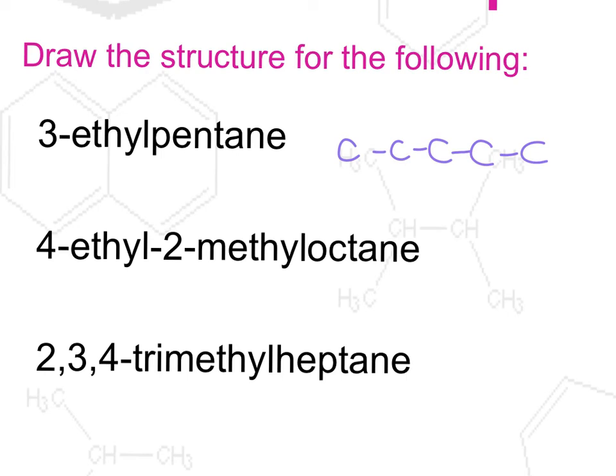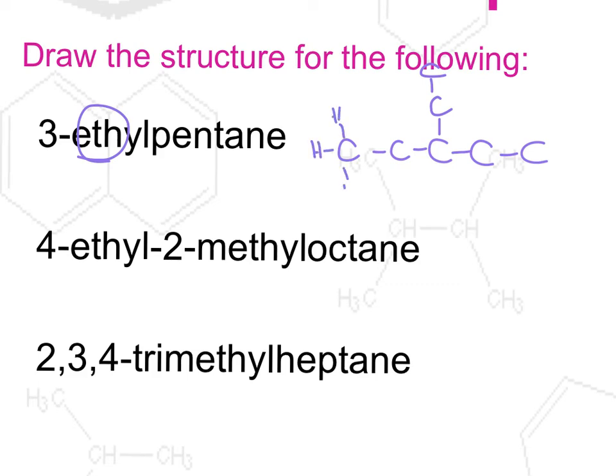There's my pentane. And then carbon number 3, 1, 2, 3. So this carbon right here has a branch. The branch is an ethyl group. So eth means 2 carbons. So that branch is made up of 2 carbons. 1, 2.